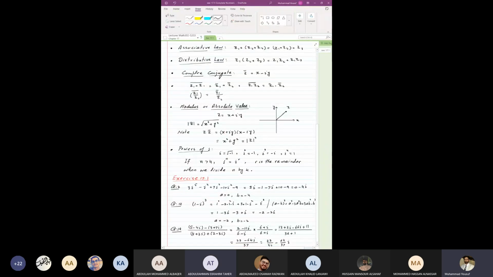So if we make this a vector, then this is a position vector, a vector whose initial point is at the origin, called a vector in standard position.